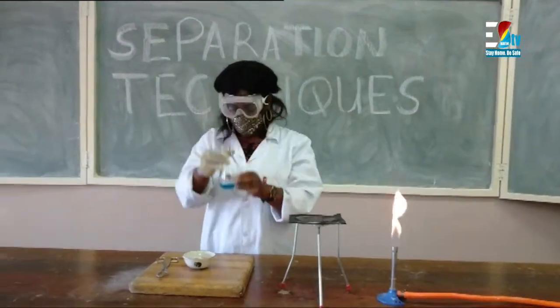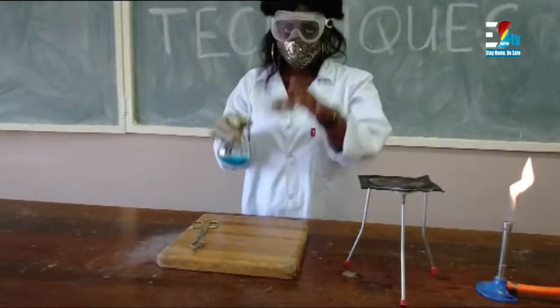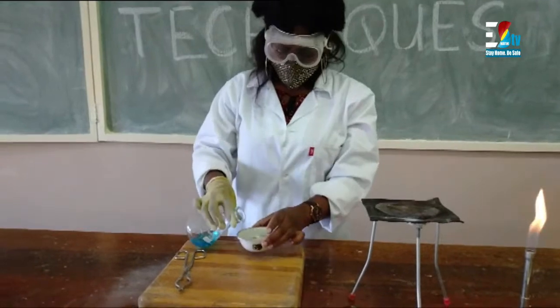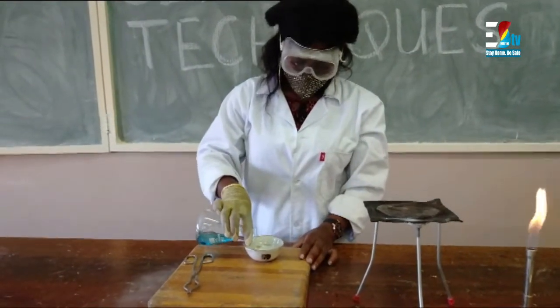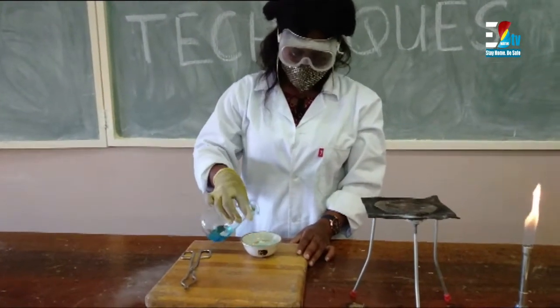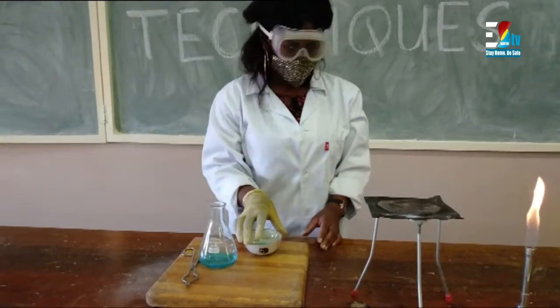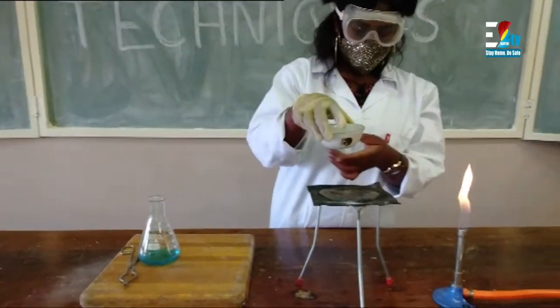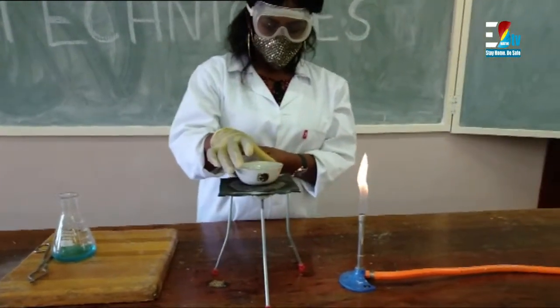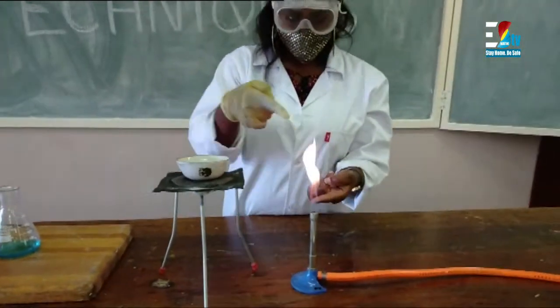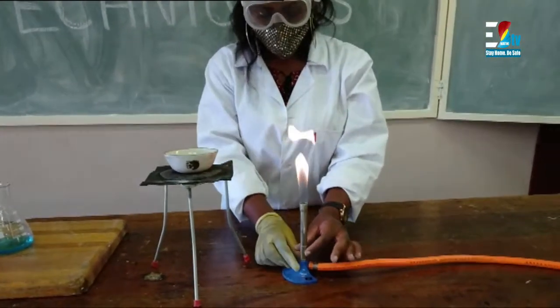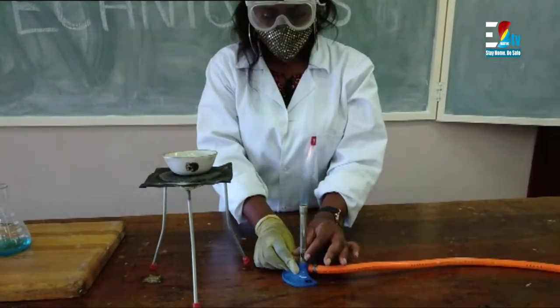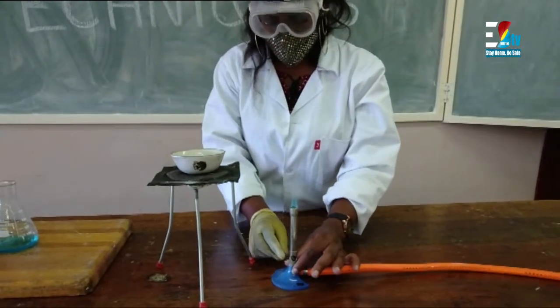This is now crystallization. We'll start off where we had a filtrate from copper sulfate and sand filtration. We transfer it to an evaporating dish, place it on top of a wire gauze which is on a tripod stand. Remember to adjust your flame, dear learner.